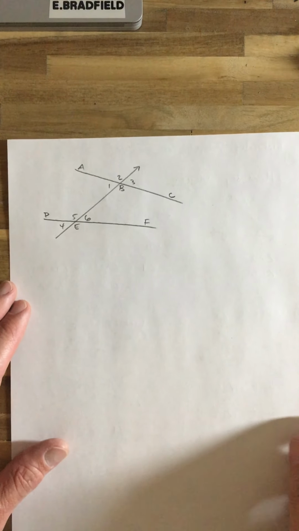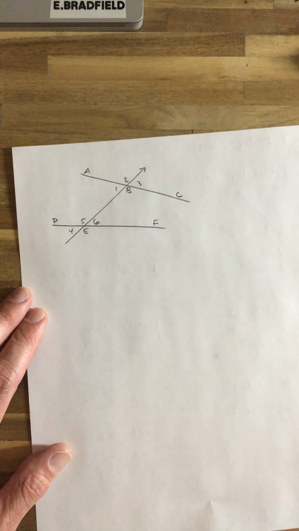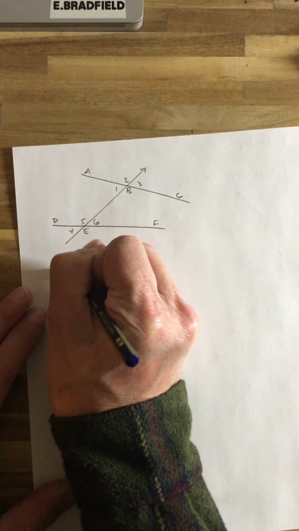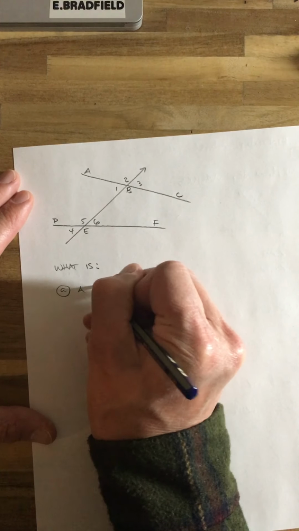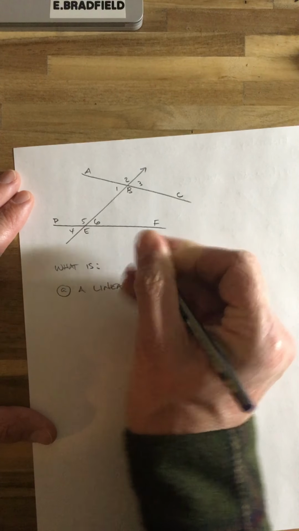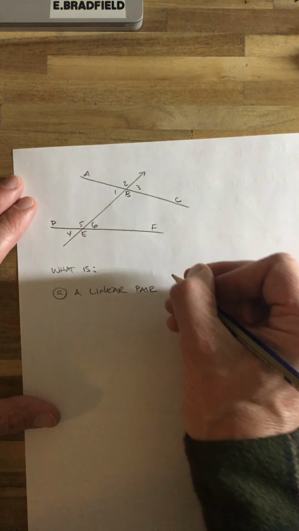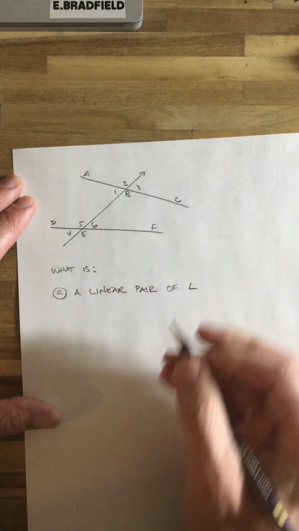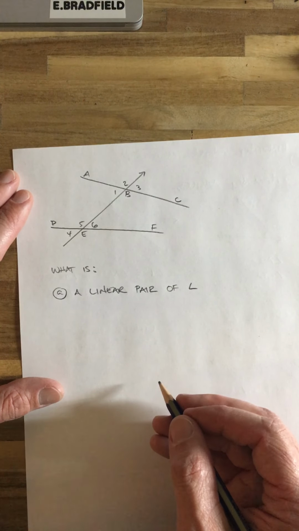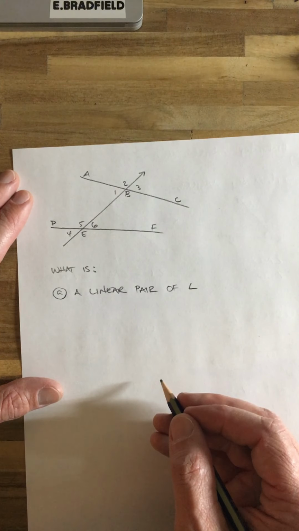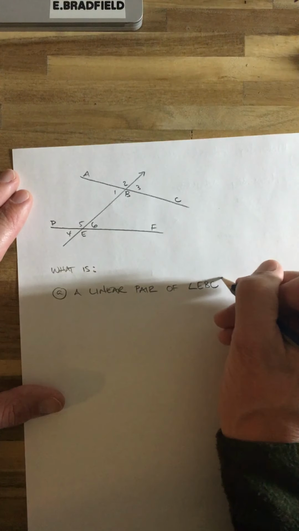Go ahead and copy that down. I want you to tell me what is a linear pair of angle EBC.